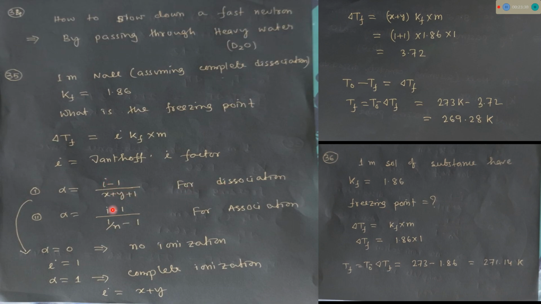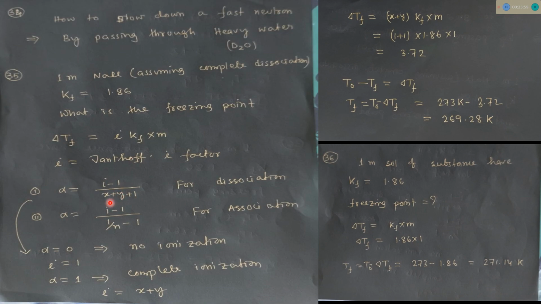This is for dissociation. For association, if one solute associates into an n-mer, we can write alpha equals (i minus 1) by (1/n minus 1). Here n is the n-mer: dimer means n equal to 2, trimer means n equal to 3, tetramer means n equal to 4.